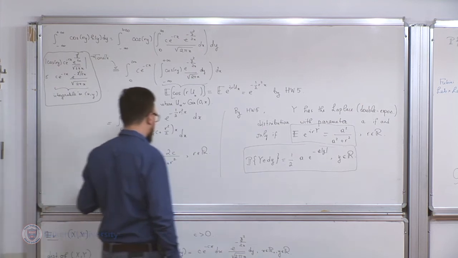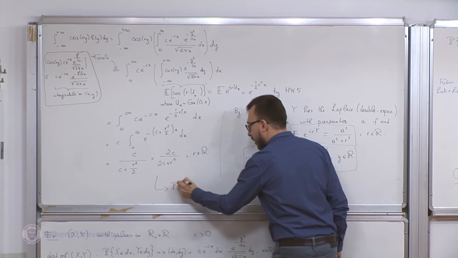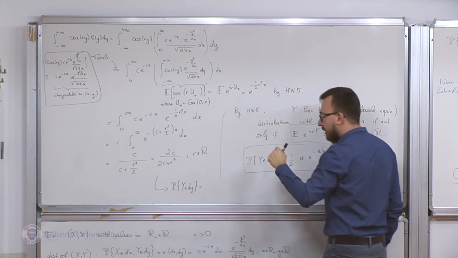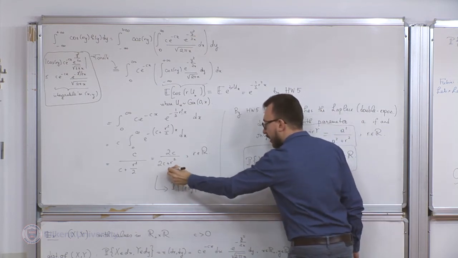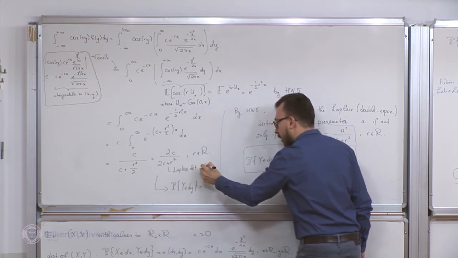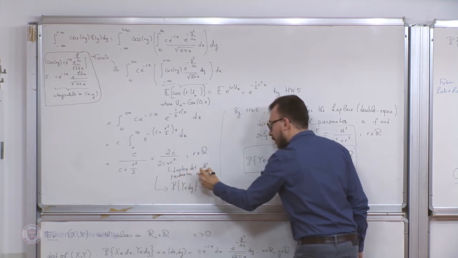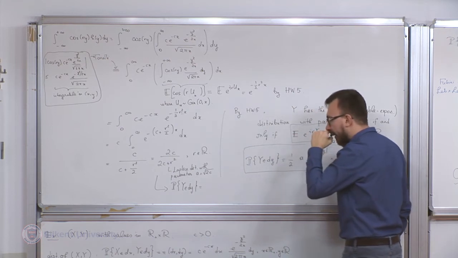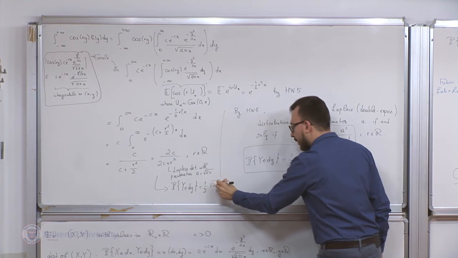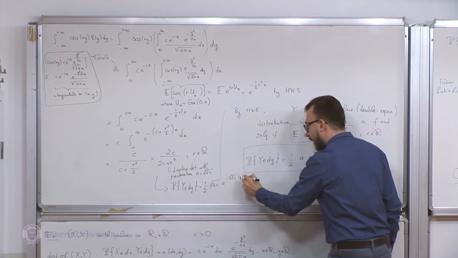So the conclusion is that here we can conclude that our y is Laplace distributed with parameter square root of 2c. So the density is given as 1/2 square root of 2c e to the negative square root of 2c times absolute value of y dy.